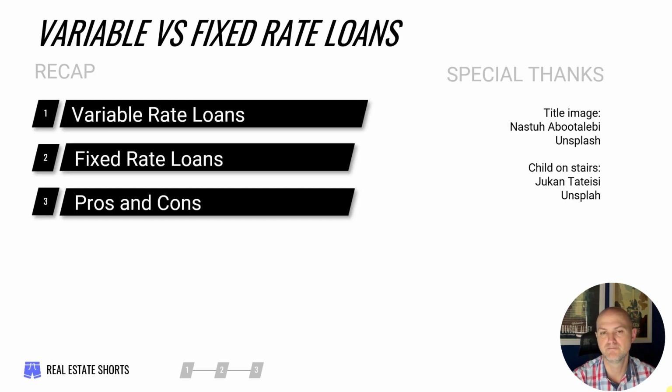So just to recap, with variable rate loans, interest rates change so that payments change. The interest rate changes because of the underlying index. With fixed rate loans, the payment remains consistent throughout the life of the loan. There are pros and cons between them, but I'd really venture to say that the pros or cons are defined by the strategy or perspective of that borrower.